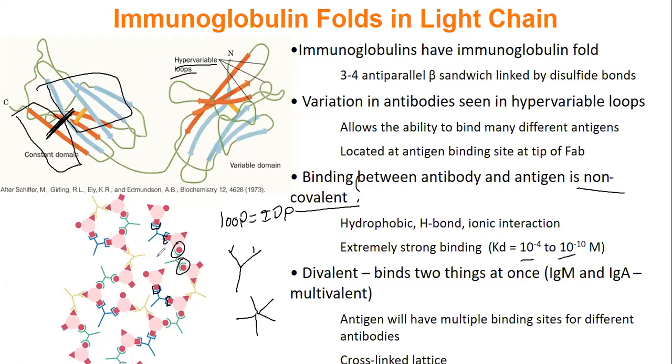So you can have multiple sites where different antibodies will bind. And what can happen is that you'll make different antibodies that recognize different parts of this foreign molecule. That's what's being shown here. So blue, yellow, and green are all different antibodies, and they're all recognizing a different part of this invader.